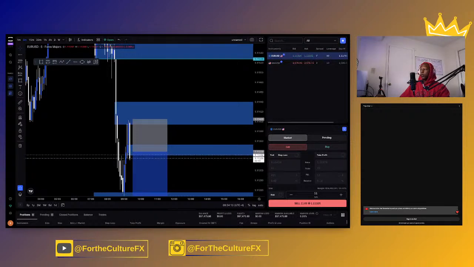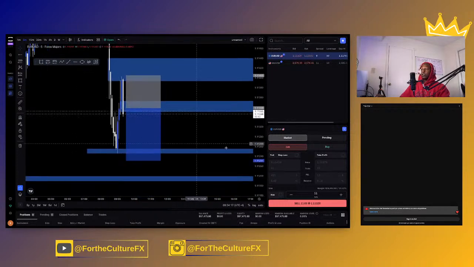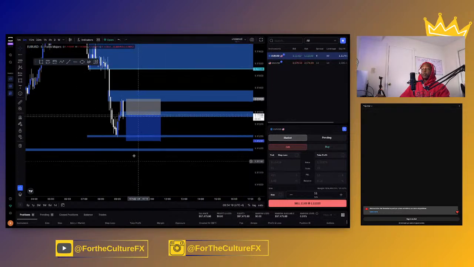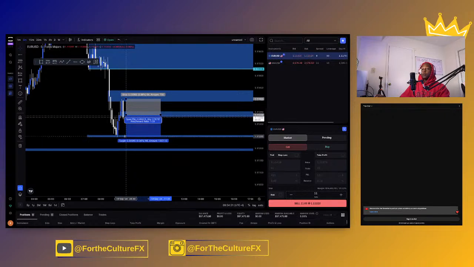So yeah, it's looking like we can get a push to the downside here, potentially to start that flip, especially if this current 5-minute candle is going to close as a bearish candle.